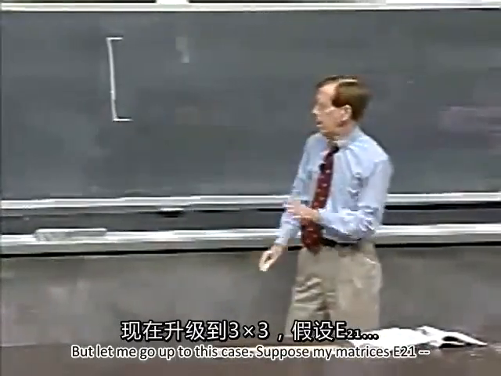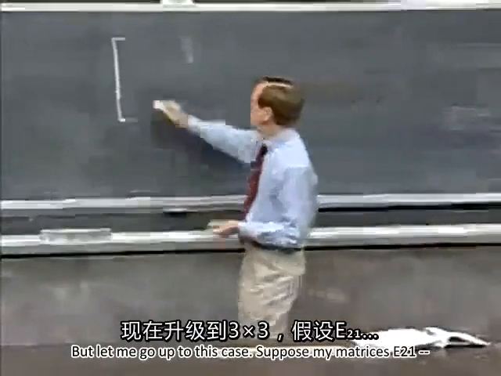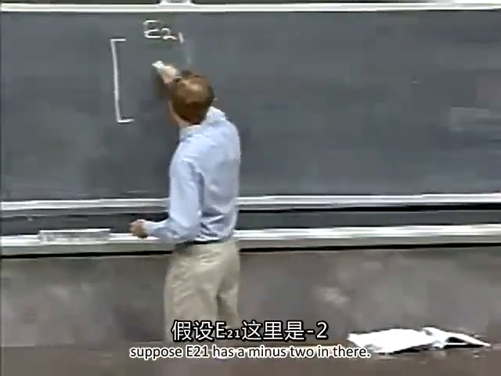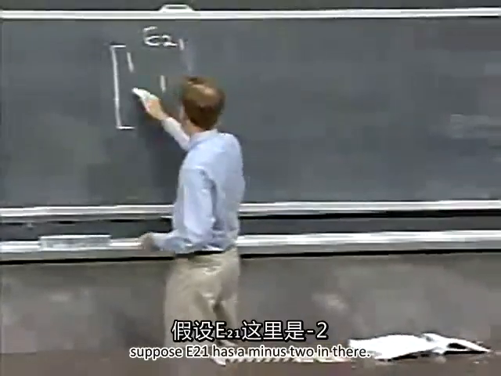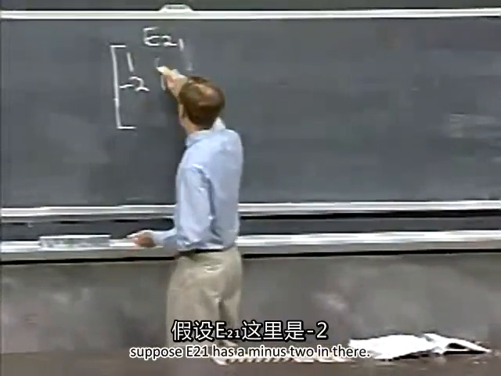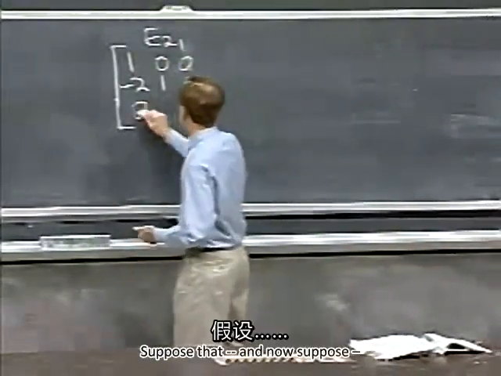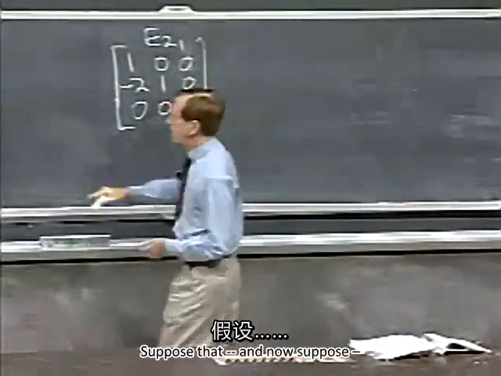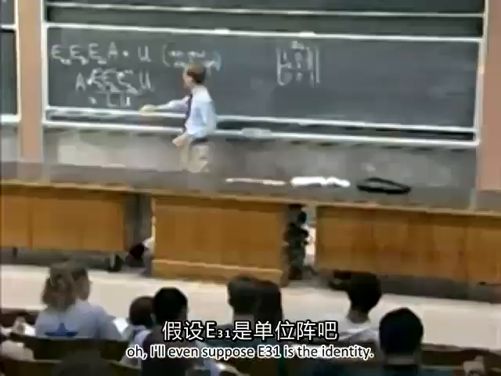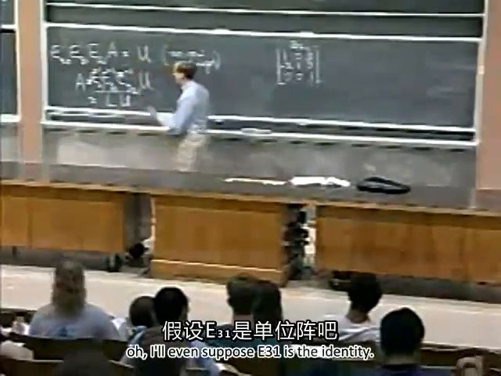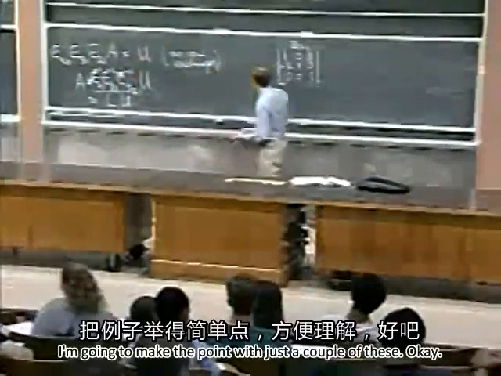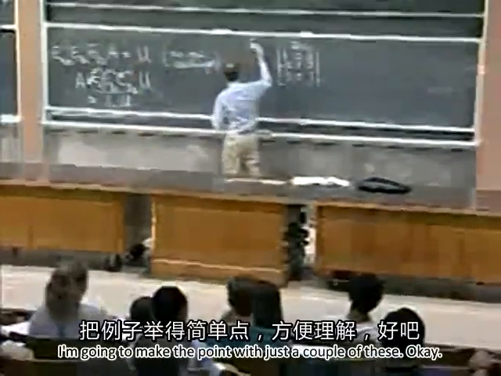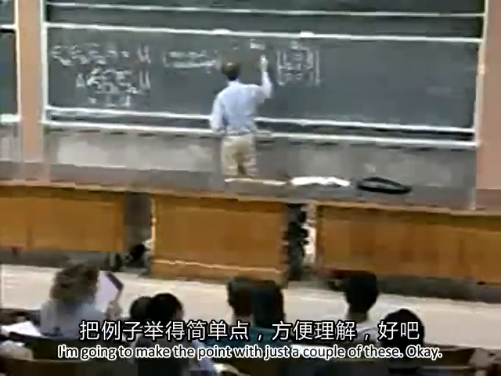Suppose my matrix E21 has a minus 2 in there. And now suppose I'll even suppose E31 is the identity. So I'm going to make the point with just a couple of these.